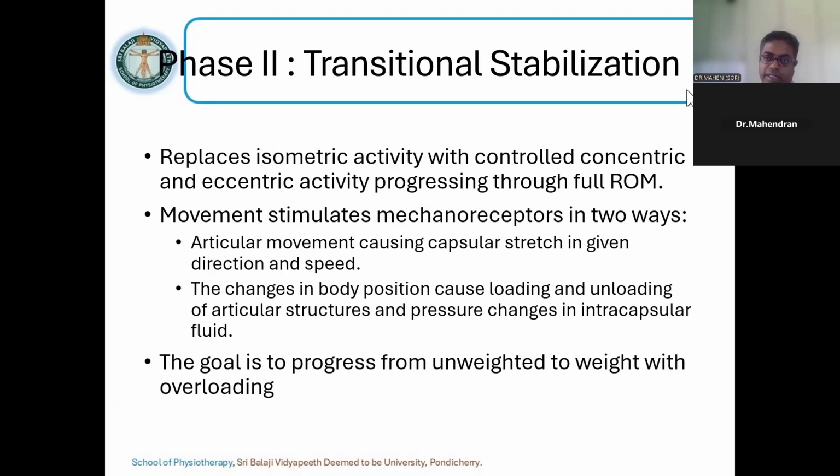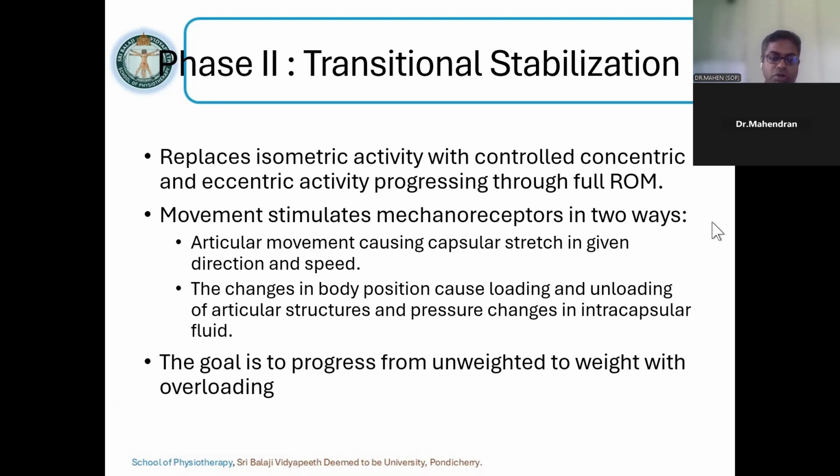The next one is the transitional stabilization. In this stage, we are converting the isometric into isotonic. Normally, when we use isotonic, we could use either concentric or eccentric forms of exercises, progressing through the full range of motion.